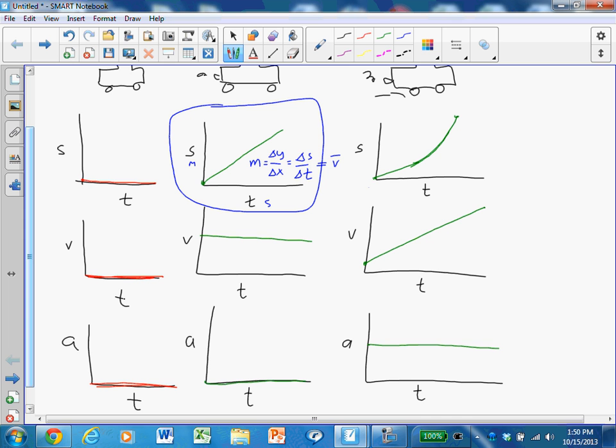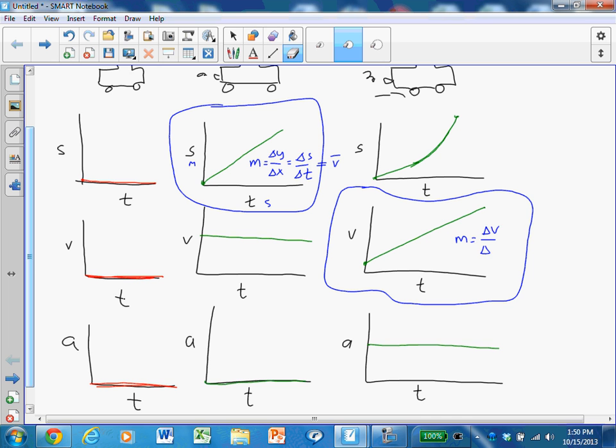Well, let's come over here and take a look at this graph. Velocity versus time. Let's look at the slope there. Change in y over change in x is slope. But the y is change in v, and the x is change in t, and we see that that's the acceleration. So the slope on a velocity versus time graph is the acceleration.